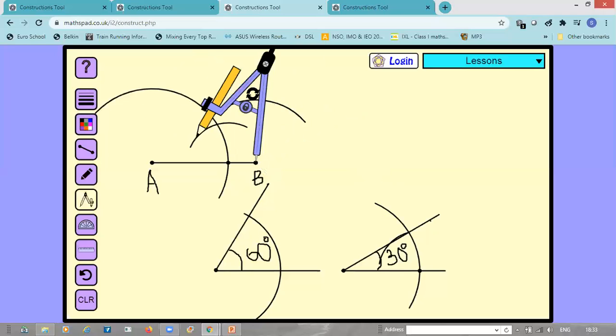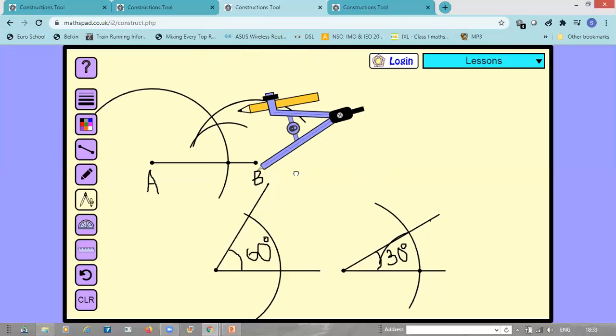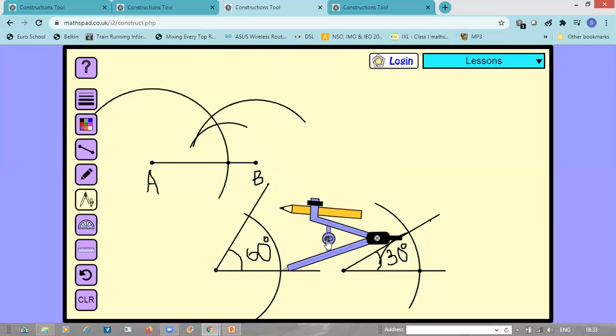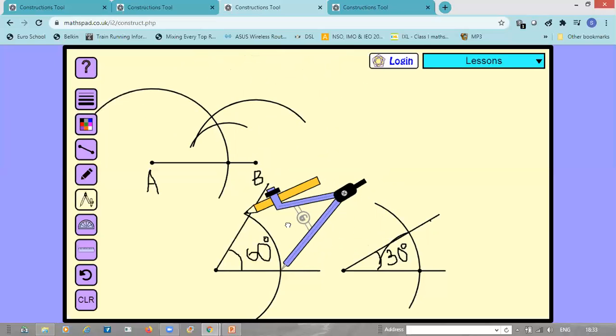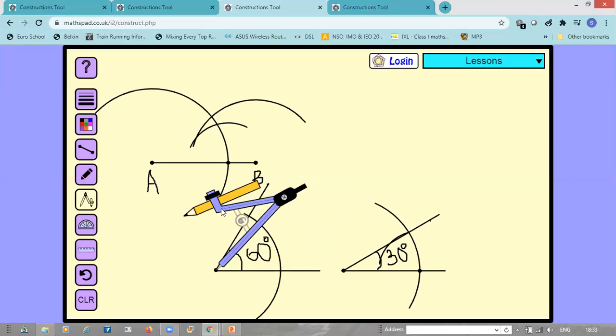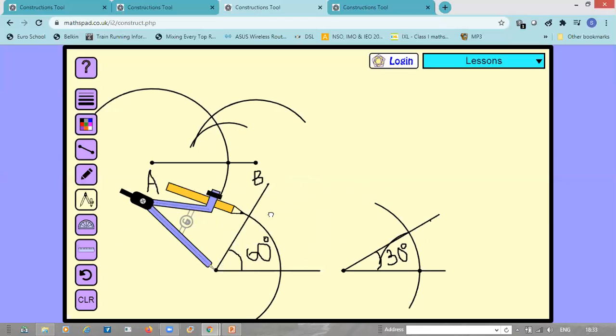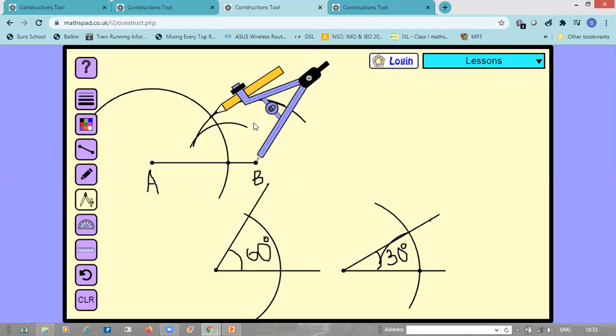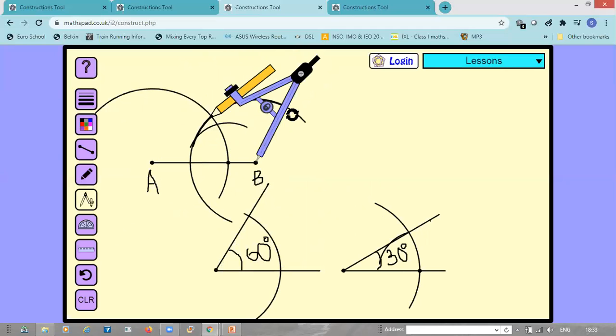You can take it of any radius you want. Make sure you make the arc go through the line.